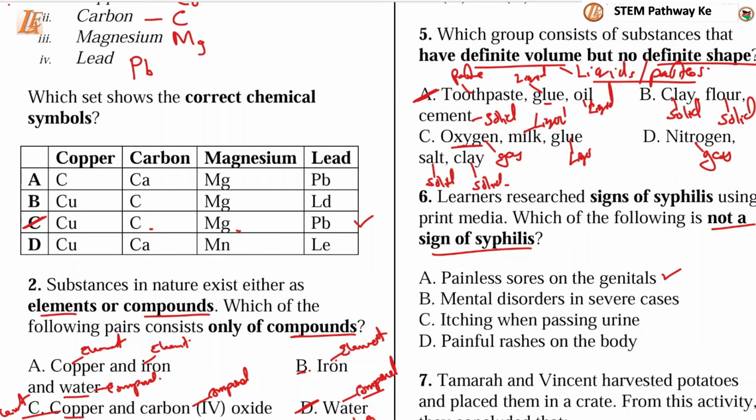Then we have mental disorder in severe cases. This one is also a sign of syphilis. Itching when passing urine, this one is not a sign of syphilis. And D, painful rashes on the body, is also a sign of syphilis. So the one which is not a sign of syphilis is C.